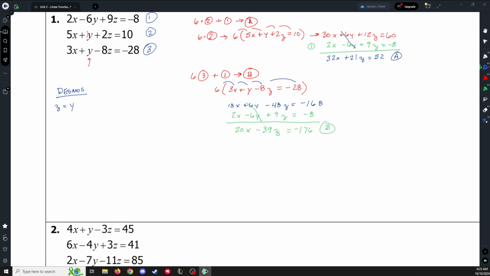So I'm going to graph 32x plus 21y equals 52, on line 1. Then I'm going to graph 20x minus 39y equals negative 176. And then I'm going to get a point, and that point is going to be x comma y. Then I need to change that to x equals and z equals, because I'm faking the z with the y.